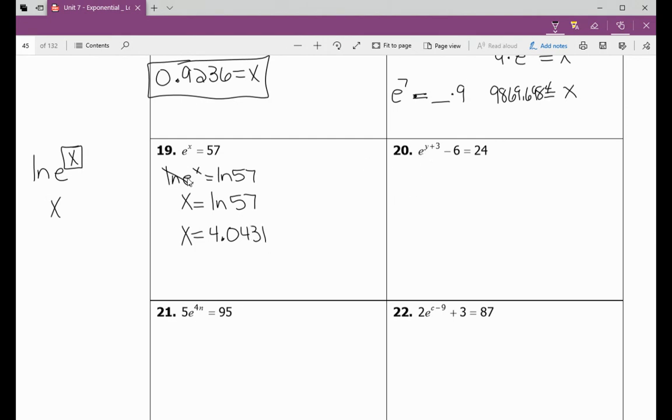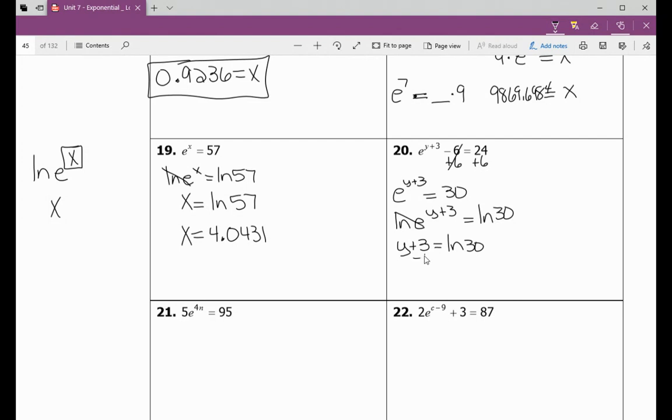Before I can do natural log to both sides, I have to add 6. I need to get the e to the y plus 3 power by itself. The 6's will cancel, that gives me 30. Now I'm going to natural log both sides. This drops out and just leaves me y plus 3 equals natural log of 30.